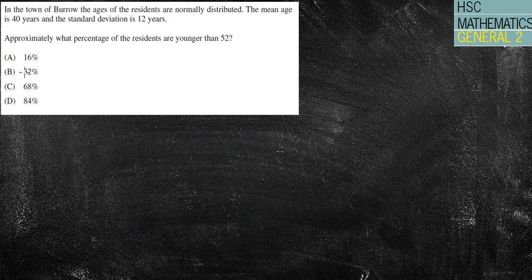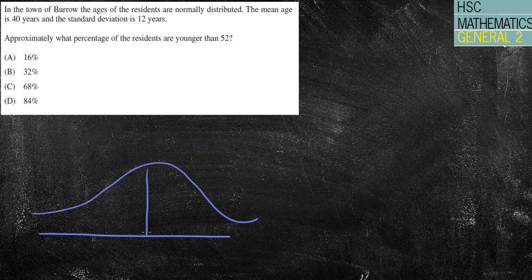In the town of Borough, the ages of residents are normally distributed. Alright, again I'm going to draw my bell curve. Now it says the mean is 40 and it has a standard deviation of 12. So one standard deviation is going to be 52. We've got 2 and 3 now. Again, I'm going to look at this and say we're looking for younger than 52, so what we're looking for is to the left-hand side of 52.